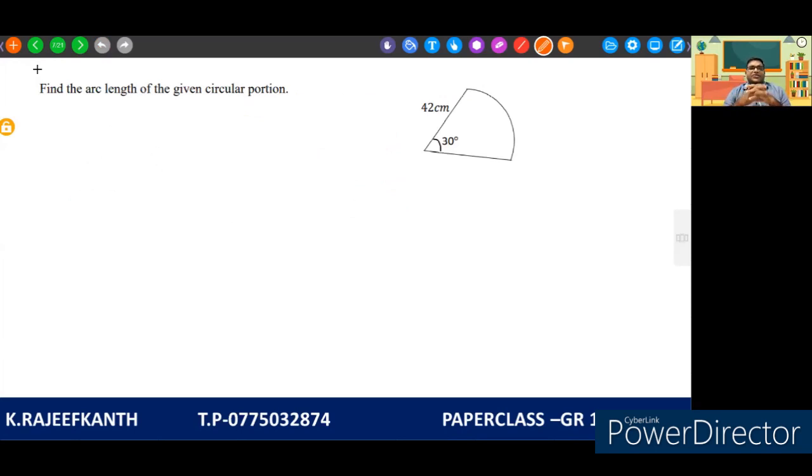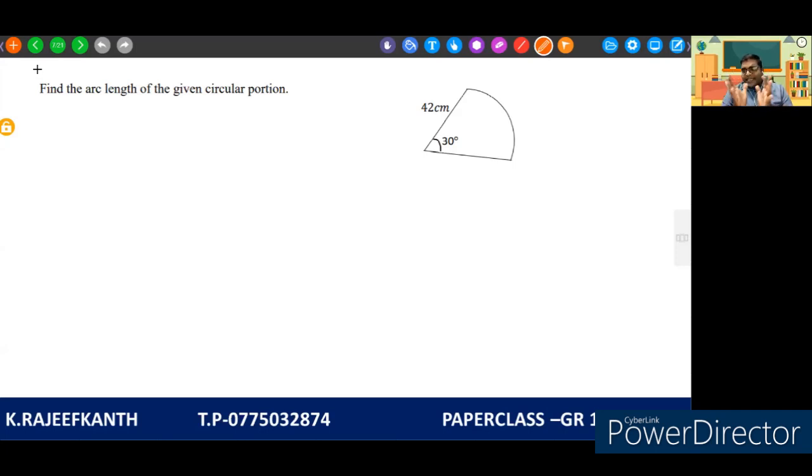Find the arc length of the given circular portion. That means the circular portion is a sector, right? Now we have to find the arc length of the sector. In grade 10, you have already learned how to find the length of an arc of the sector. If we know the center angle and the radius, then we can find the arc length.